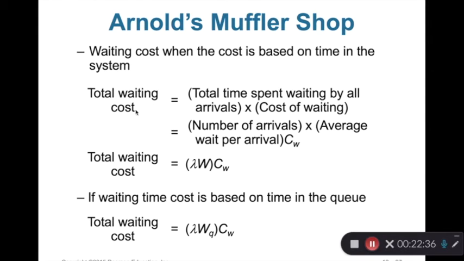The total waiting cost equals the total time spent waiting by all arrivals times the cost of waiting: the number of arrivals times the average waiting time per arrival, times CW. And then you can see the formula right here, lambda times W times CW. If the waiting cost is based on the time in the queue, you should use WQ to do calculations.